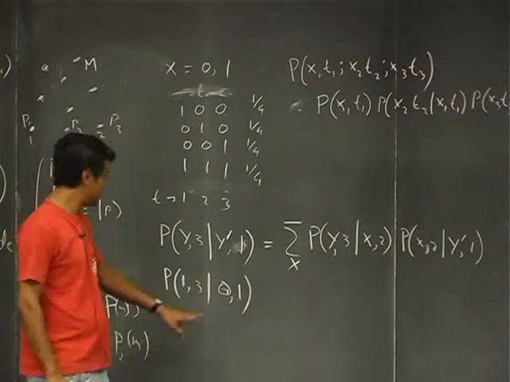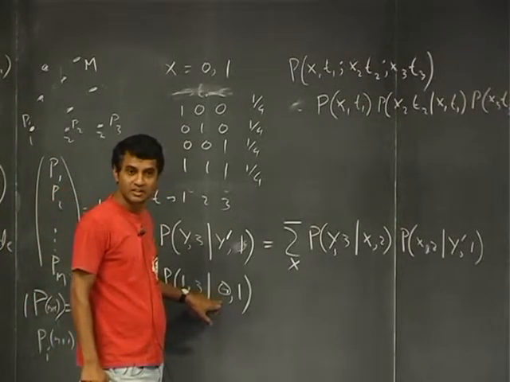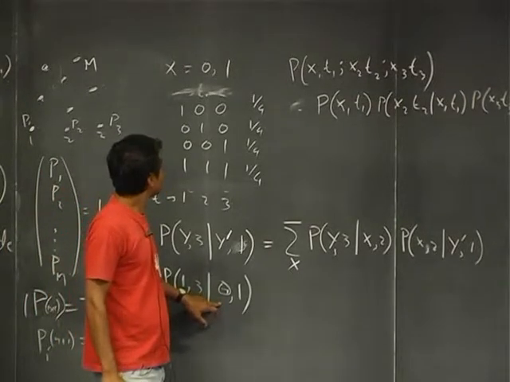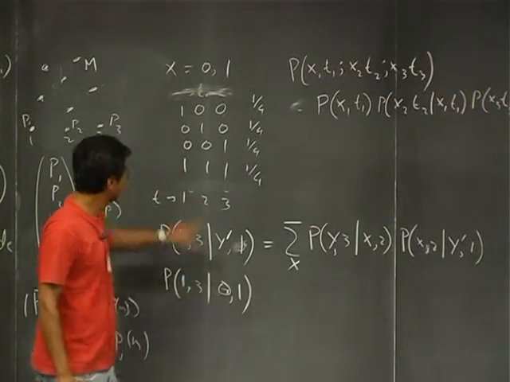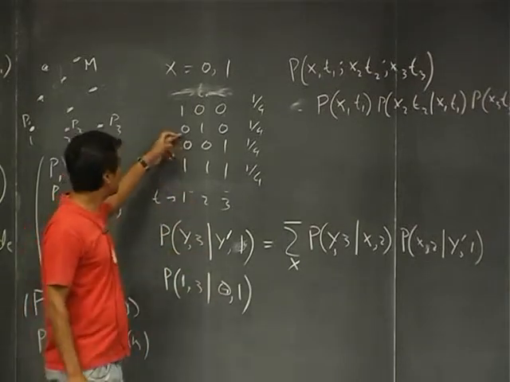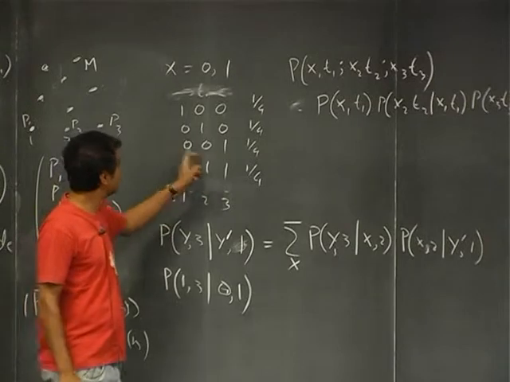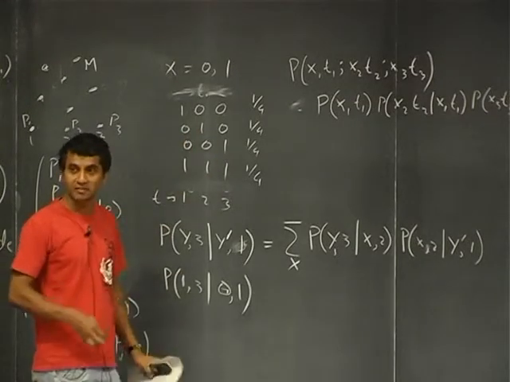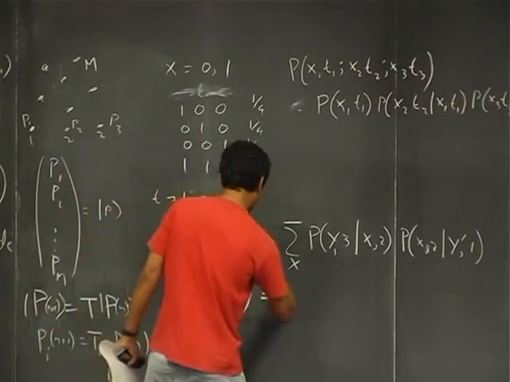Given it's 0, half, right? Because there are only two possibilities, 0 to 1 and 0 to 0, both are half. So this is half.